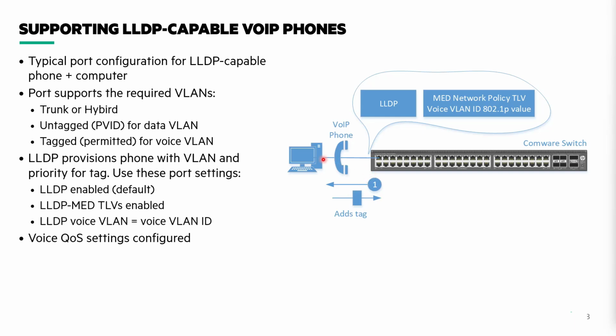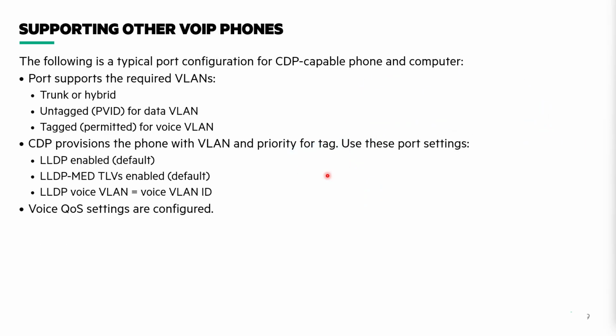They will need to communicate what is the PVID, what's the tag, what are the default values like voice that will dictate what quality of service I will assign. The switch can communicate these parameters to the VoIP phone, and you can extend the trust here. You push settings using LLDP, and for anything that doesn't run LLDP, we can also have what's called CDP. It is also supported in this case.